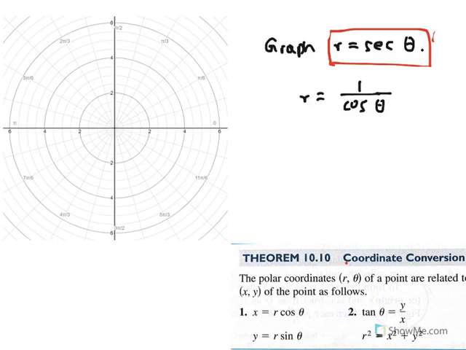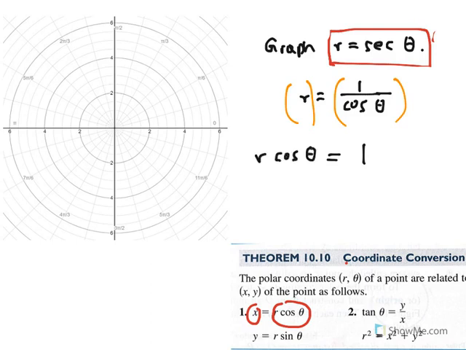And one thing that you will notice is that if you look at this particular conversion equation, x is equal to r times cosine theta. So if I multiply both sides of this equation by cosine theta, then I would get, on the right side, if I multiply by cosine theta, I would have 1. And on the left side, if I multiply by cosine theta, I'll have r times cosine theta.